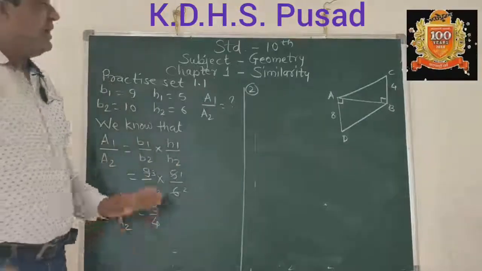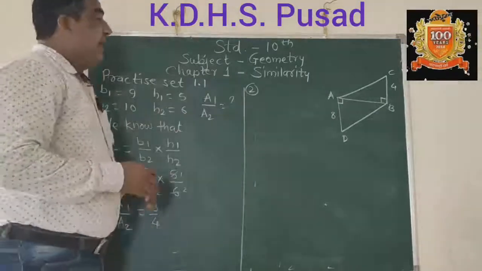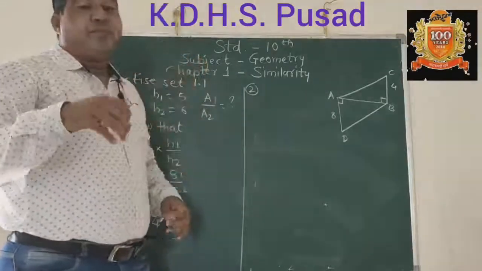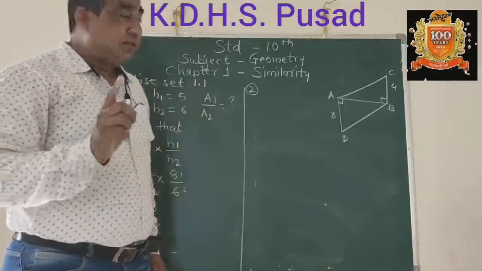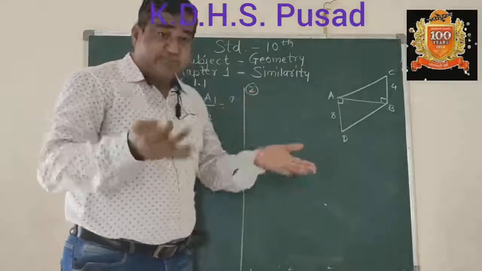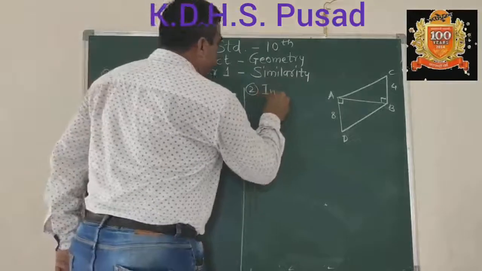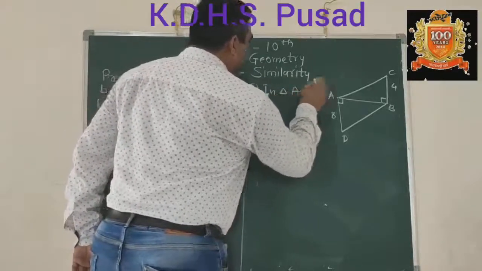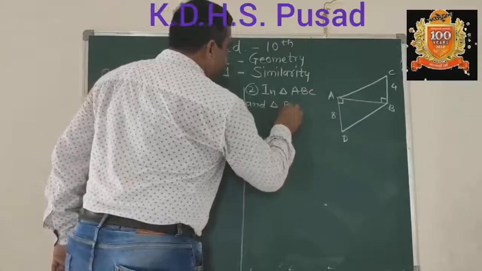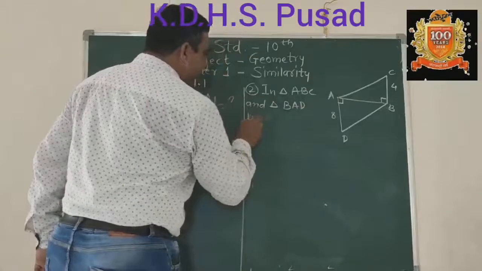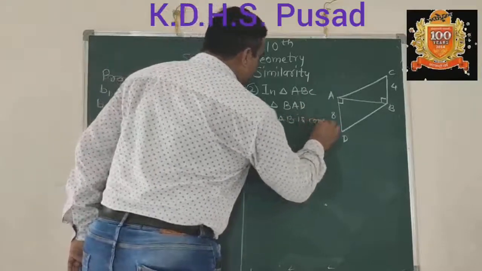So here, if you want to use property 1, you can use it in this way. And if you want to use property 2, in that case, first of all, you have to explain how the base is common or equal. So here we get, in triangle ABC and triangle BAD, base AB is common.